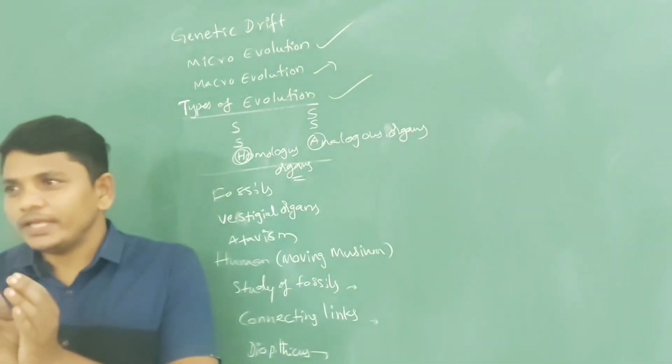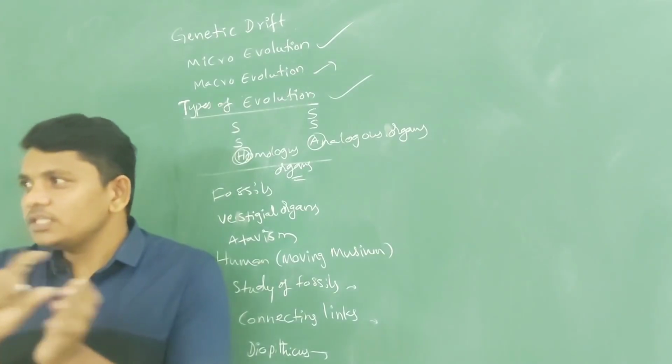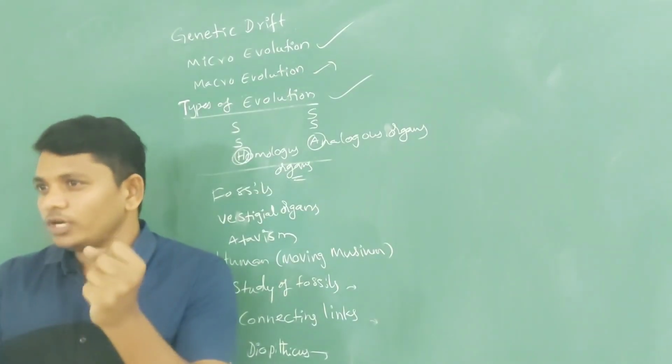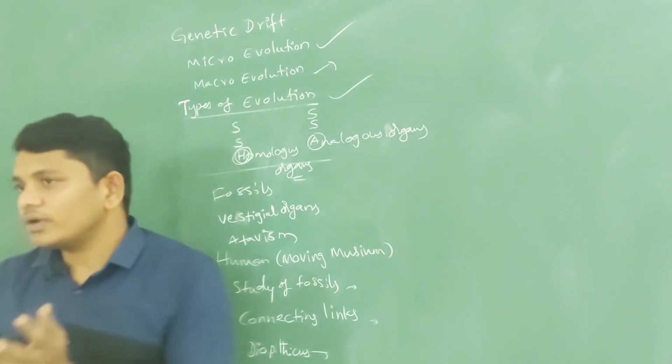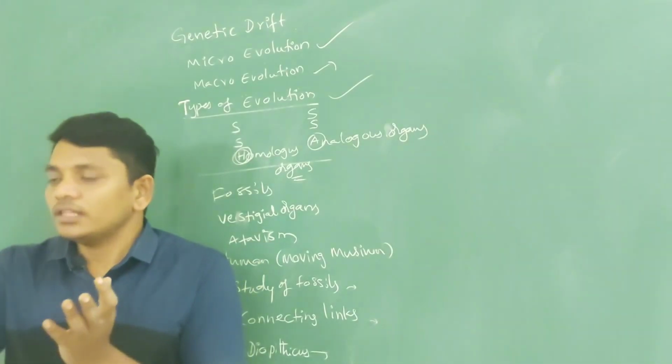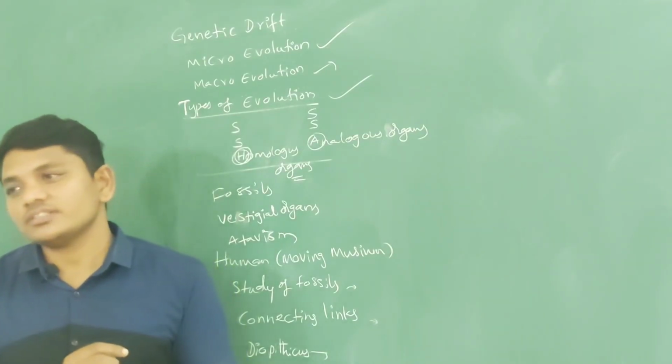We have to know one thing: these are all forelimbs or hind limbs. These limbs are used for different purposes, but the internal structure is the same.